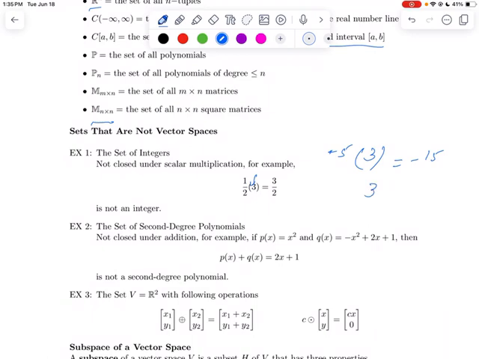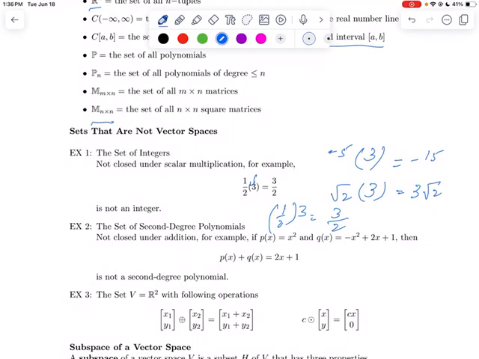But what if you picked, for example, the square root of 2? This will give you 3 times the square root of 2, which is not inside the set of integers. Similarly, if you picked 1/2 and multiplied 3 by 1/2, it will give you 3/2 or 1.5, which is not in the set of integers. So the set of integers is not a vector space.